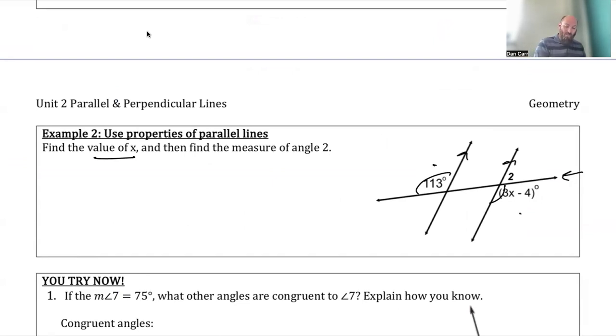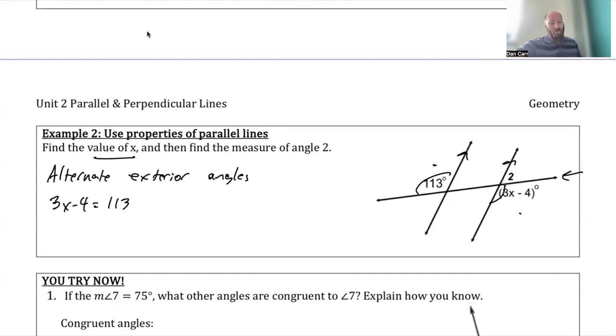We have these two on the opposite sides of the transversal, so that makes them alternate exterior angles. If I go back and check my chart, alternate exterior angles are going to be congruent to each other. So that's 3x minus 4 is equal to 113.